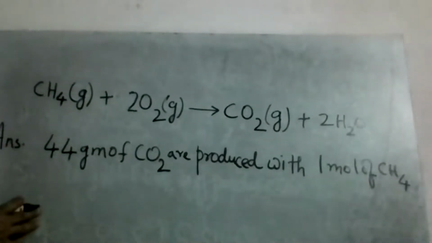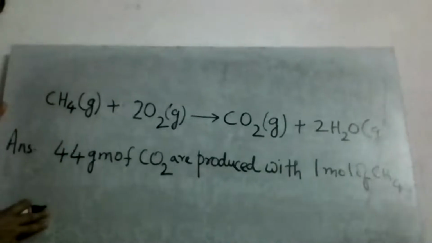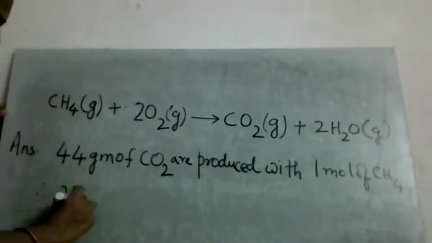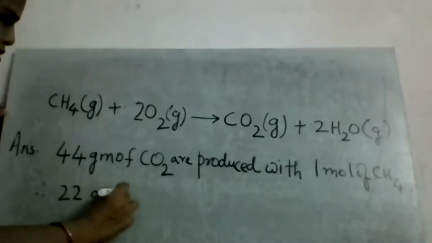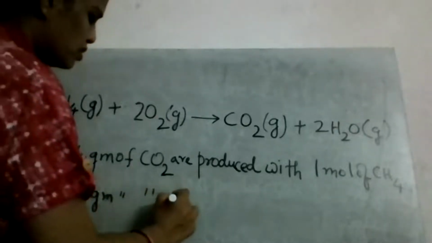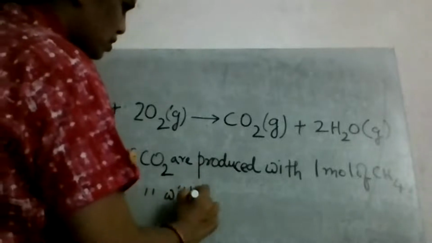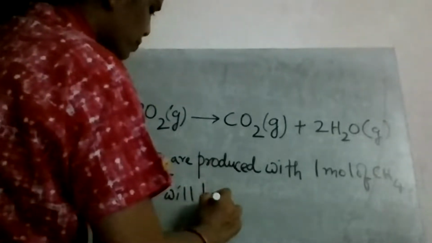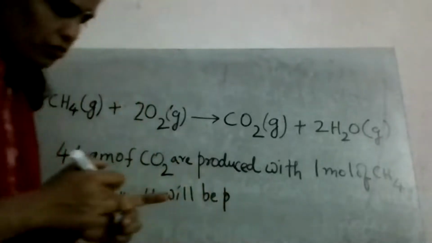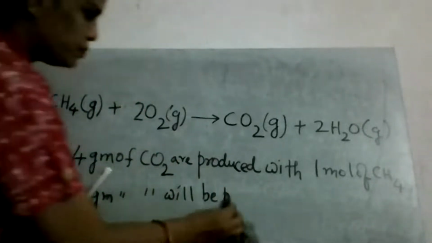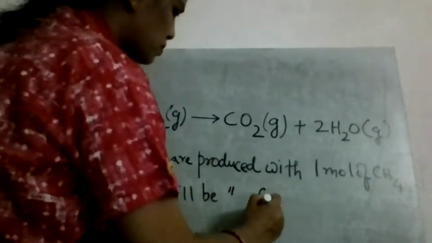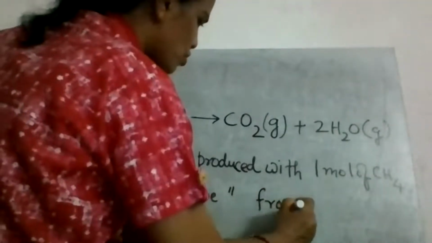Hope it's clear. So 22 grams of carbon dioxide will be produced from how many moles of methane?